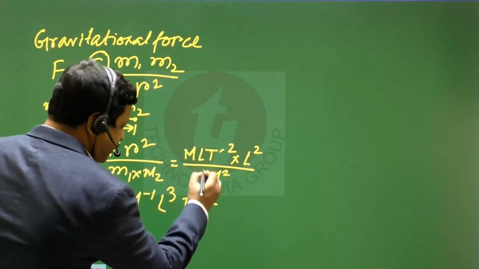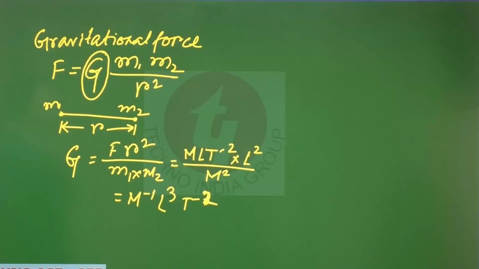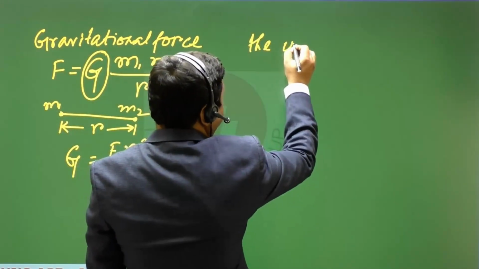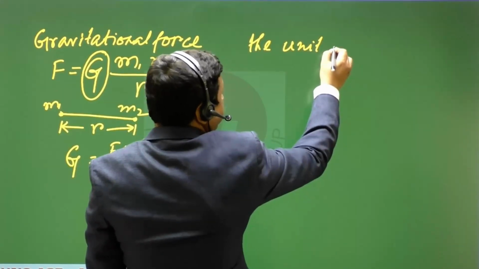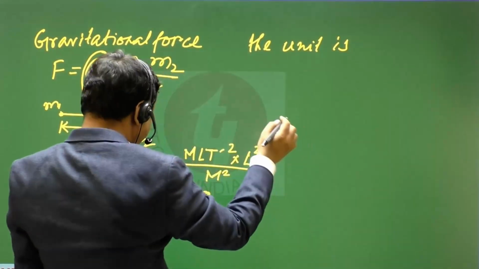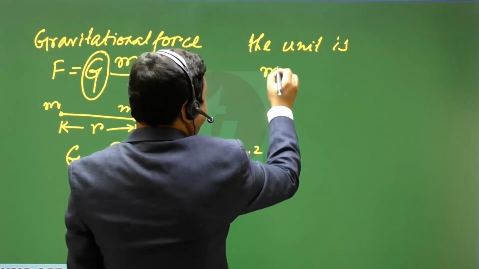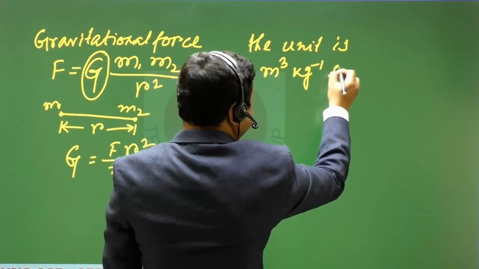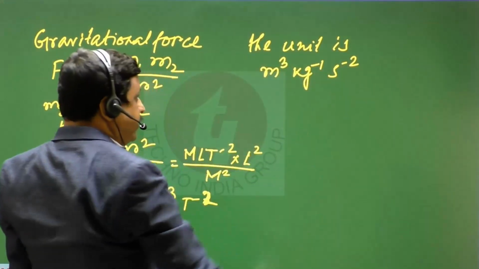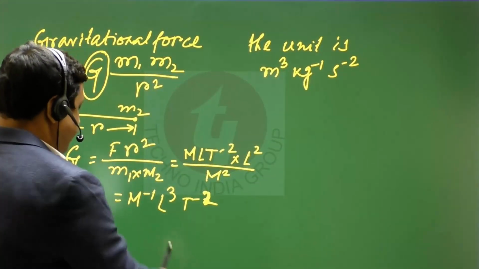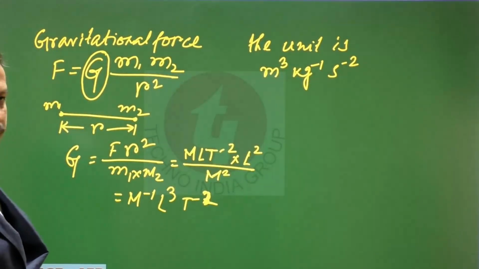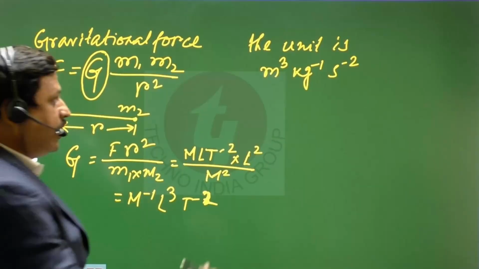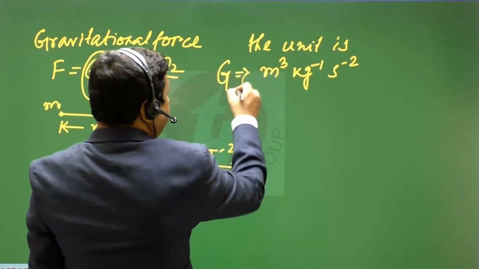Then what is the unit of the gravitational constant? The unit of the gravitational constant is meter cube per kg second square, right? Meter cube, that is L cube. That is the unit of capital G, right?